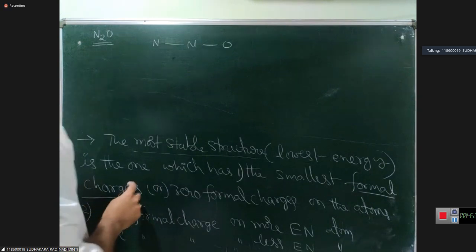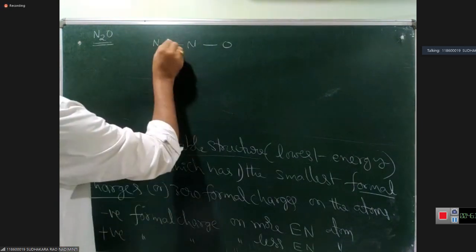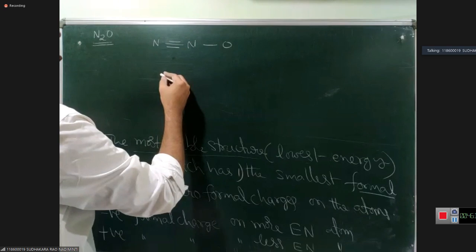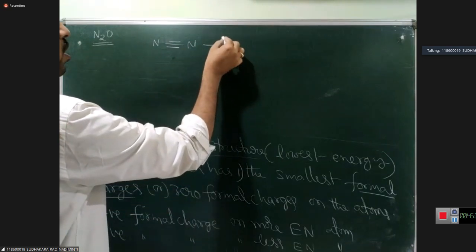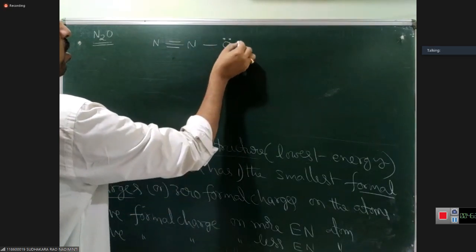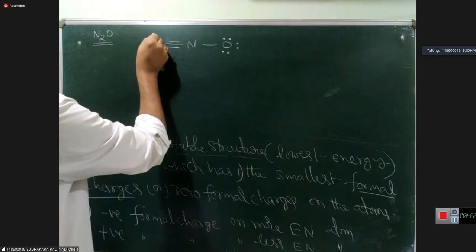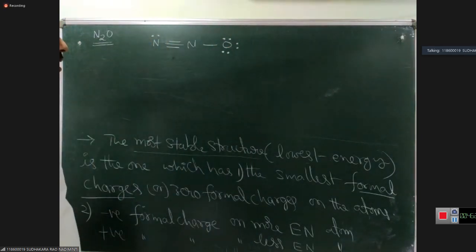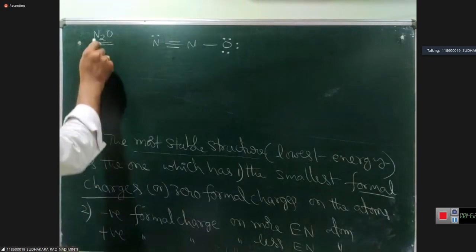Lewis dot structures: a triple bond, single bond, and lone pair. This is one structure you can write for N2O. Correct or not? Let us check.